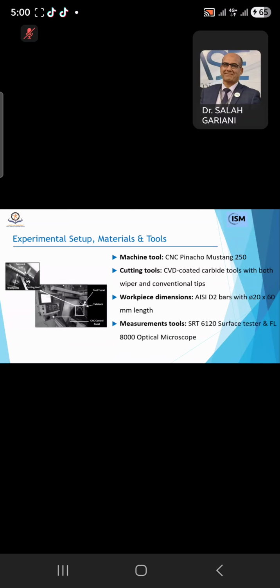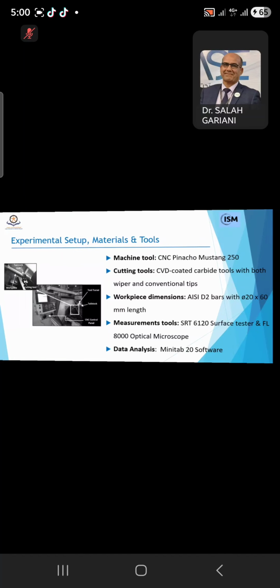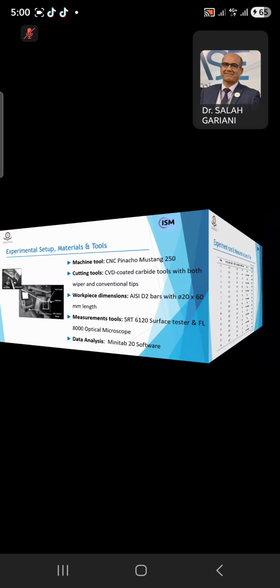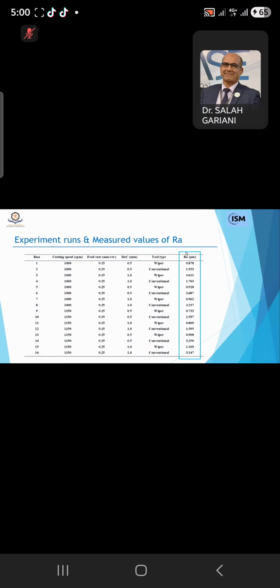For measurement, we used a digital surface tester and an optical microscope, and we used Minitab software for data analysis. This is the experiment runs, which is 16 tests, with the measured average surface roughness. This is the average surface roughness of all tests.